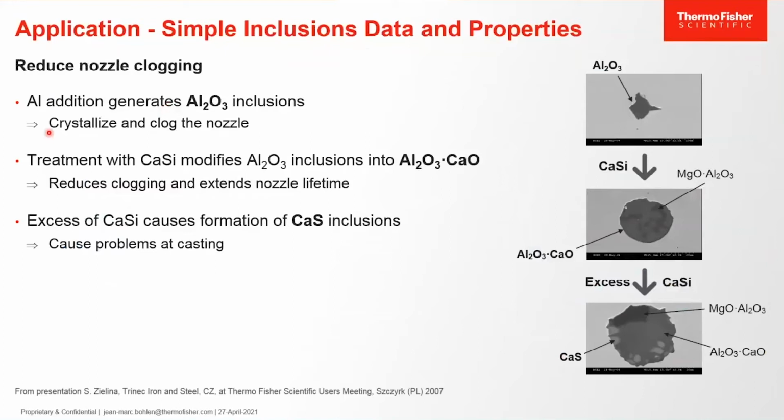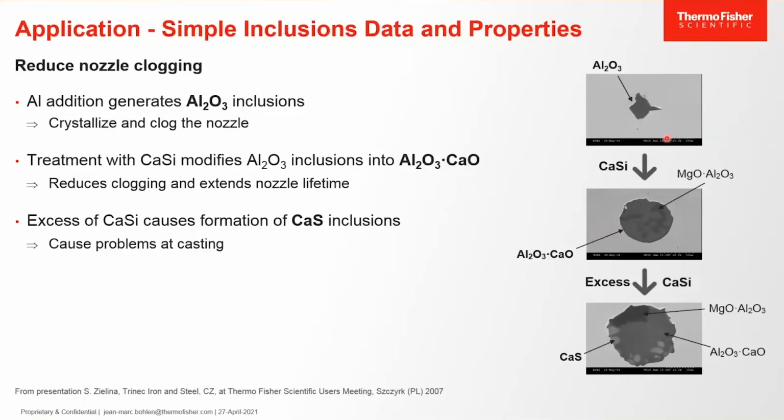When aluminum is added for deoxidizing the steel, there is generation of aluminum oxide inclusions. These inclusions will crystallize and clog the nozzle. Now you have an example of an aluminum oxide inclusion. So steel makers normally perform some steel treatment.